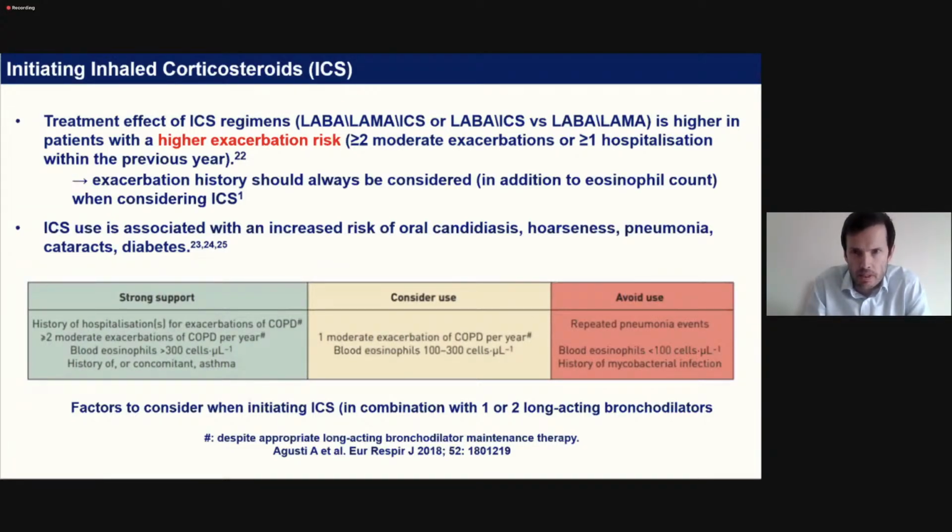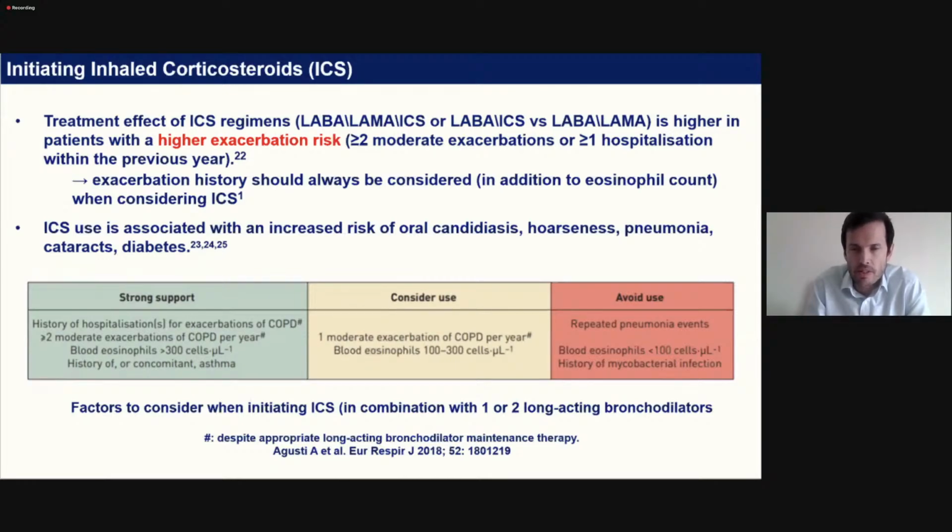In addition, studies have shown that the treatment effect of ICS regimens, whether that be in combination with a LABA and LAMA, or LABA ICS, is higher versus LABA LAMA in patients with a higher exacerbation risk.